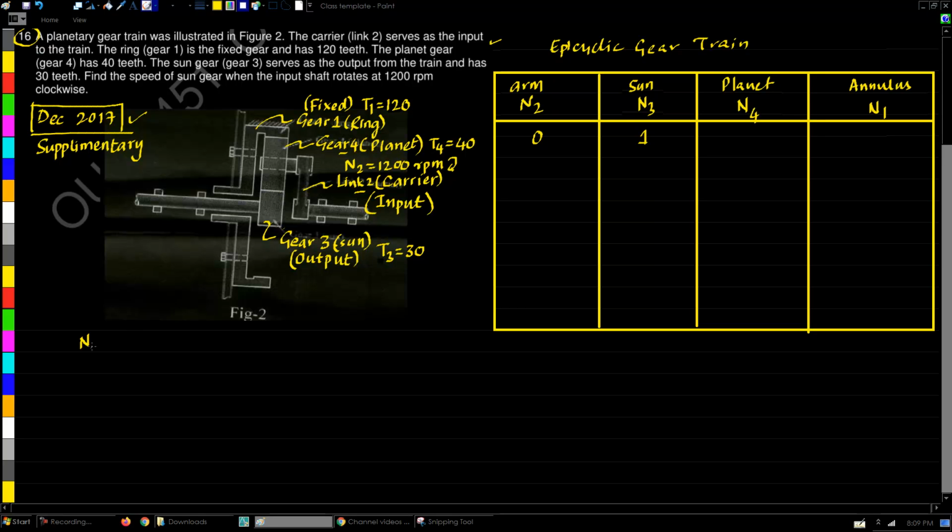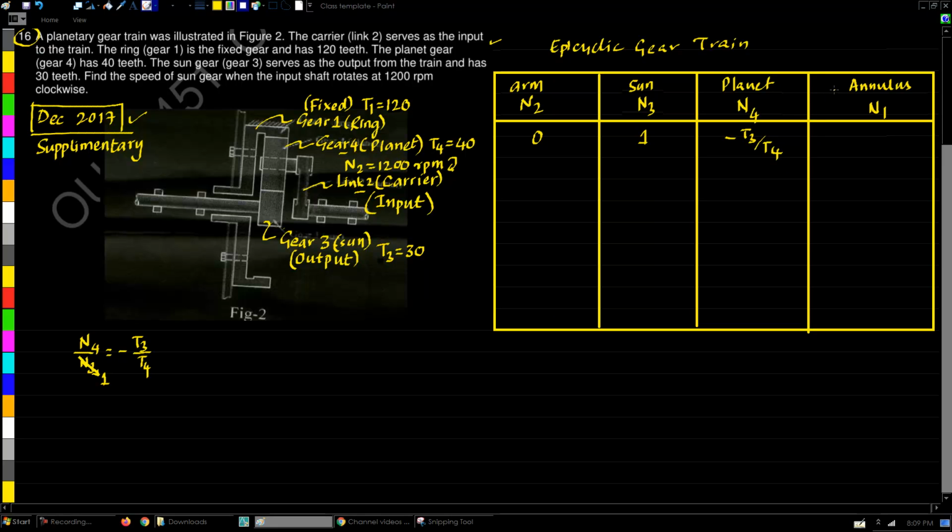So N4 by N3 is the formula we'll get, and because they are externally meshing, the formula is going to be minus T3 by T4. Now you can see in the table that N3 is undergoing just 1 rotation, so this becomes 1, and we got the value of N4 to be minus T3 upon T4.